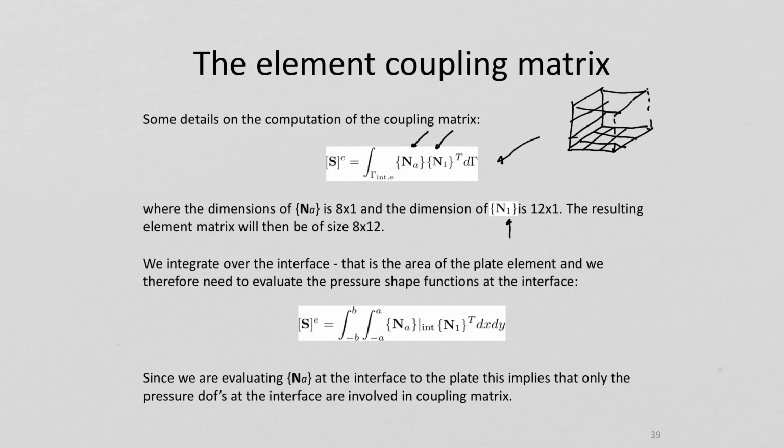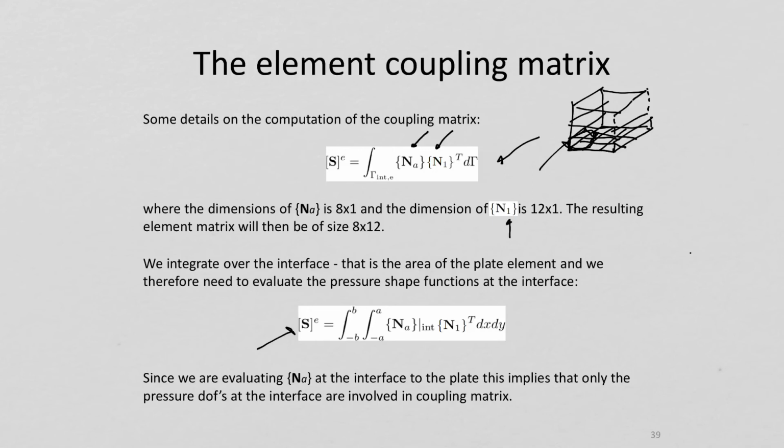Well, this is going to be difficult, but let me just try. Then if we look at this box down here, right on top of our plate element, a box of air right on top of our plate element. When we formulate the coupling matrix here, we integrate on the interface between the plate element and this box.